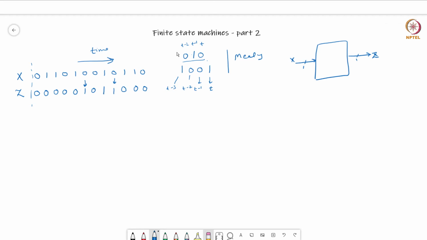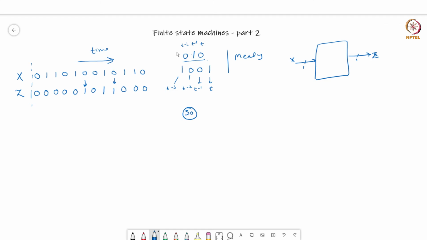To start this, let's try to derive a state machine. When we would like to derive, how should we start? It would be good to start with the initial state. Let's call this S0.